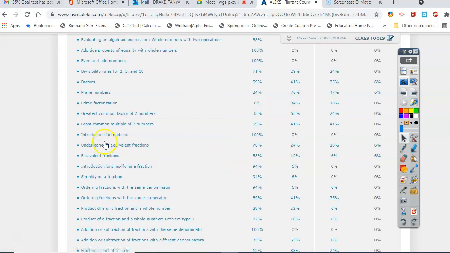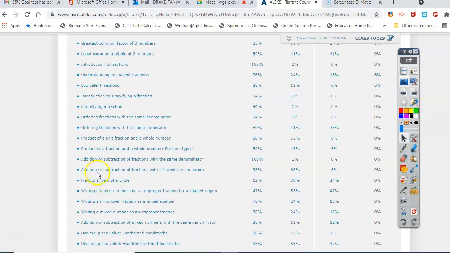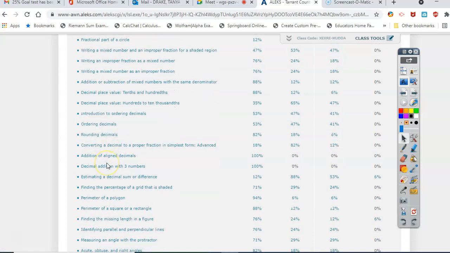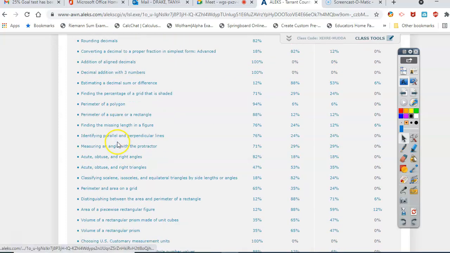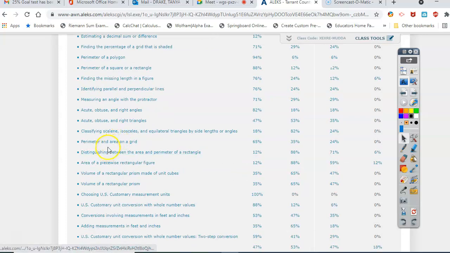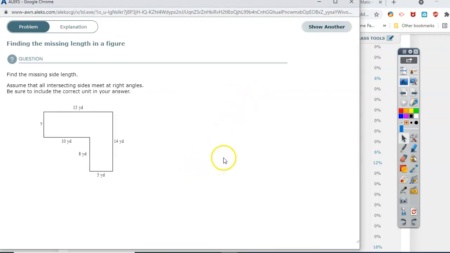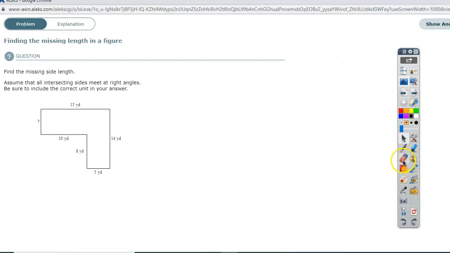Looking for finding fraction, finding percentage, perimeter and area on a grid. Finding missing side length, there it is. This is probably what you want to see. Is this it? Yes, that part got me, and I still can't figure out how to do that one.